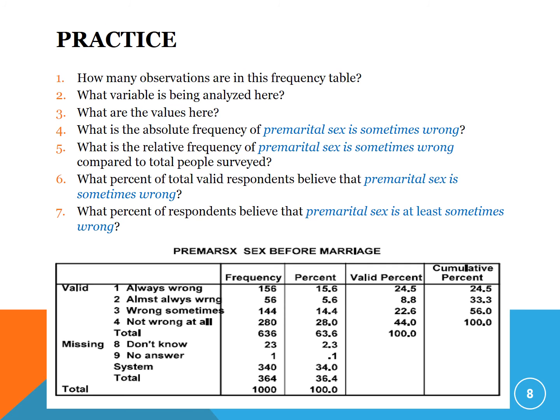The cumulative of those 3 would be 56%. However you understand that question, please don't allow my words here to confuse you. What is the cumulative starting from sometimes wrong? That would be 56%.